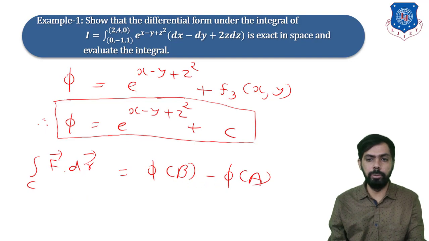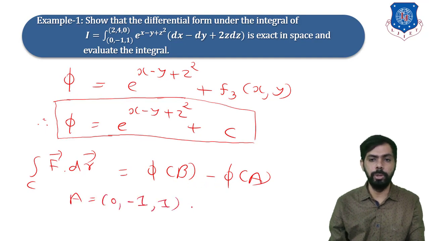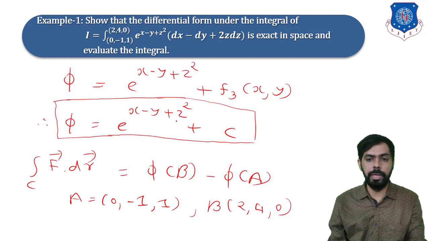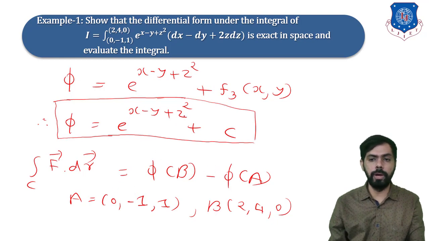So in this example a is equal to (0, minus 1, 1), and b is equal to (2, 4, 0). So here first of all phi b, therefore we will replace x by 2, y by 4 and z by 0 in this, then minus we will replace x by 0, y by minus 1 and z by 1 in this scalar potential function phi.